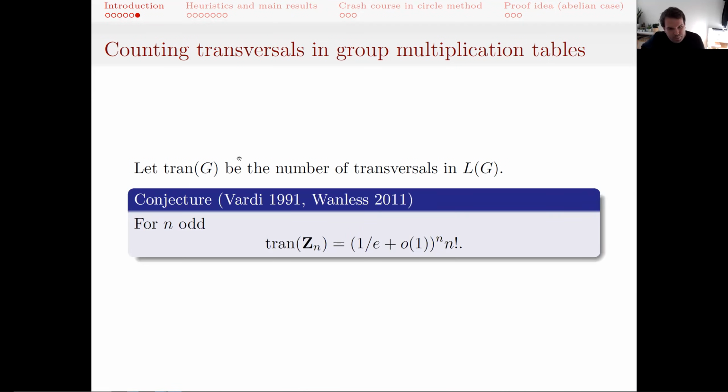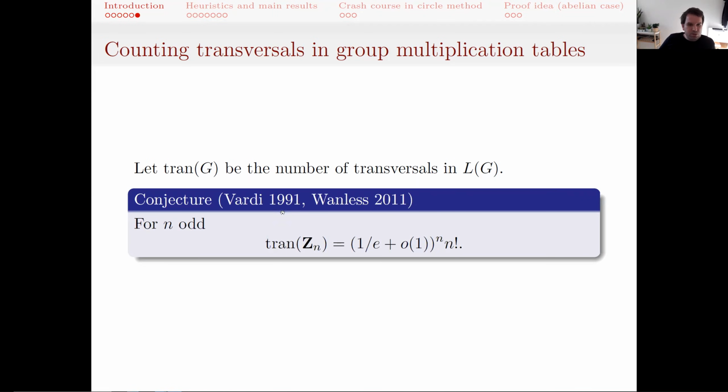And it was conjectured by Rudi and Wallace that this number of transversals should be basically 1 over e to the n times n factorial.